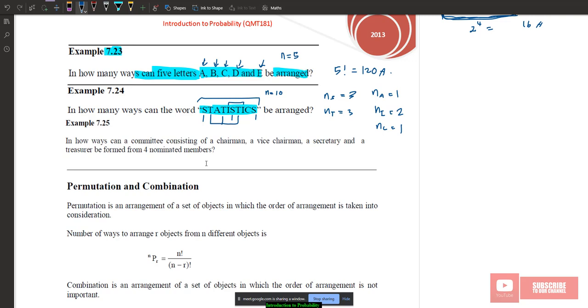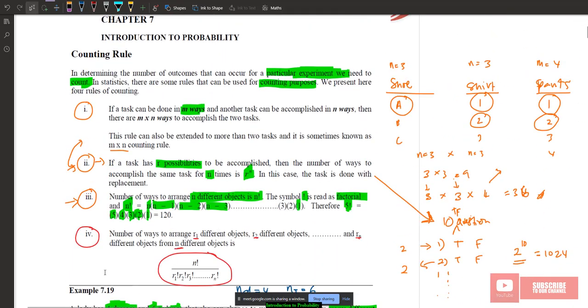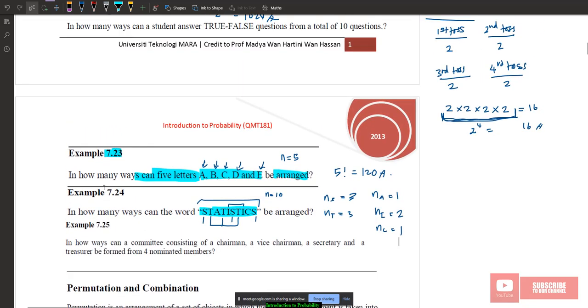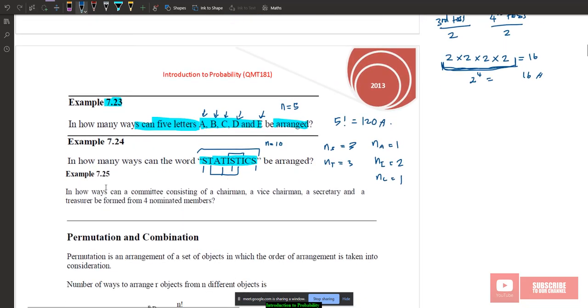So since you have a repeated object in the word statistic, you cannot use the third formula. You should use the fourth formula, which is n factorial divided by r1 factorial, r2 factorial, r3 factorial until rn factorial. So r means the number of repeated objects, right? So it should be 10 factorial divided by 3 factorial multiplied by 3 factorial, multiplied by 1 factorial, multiplied by 2 factorial, 1 factorial.